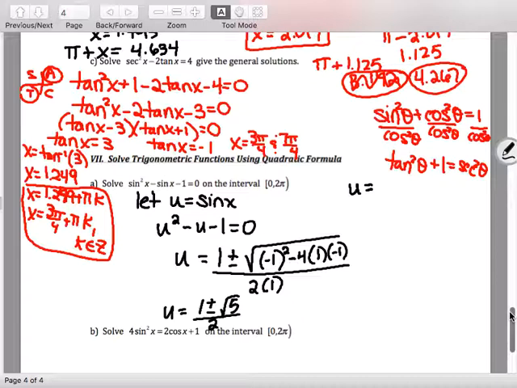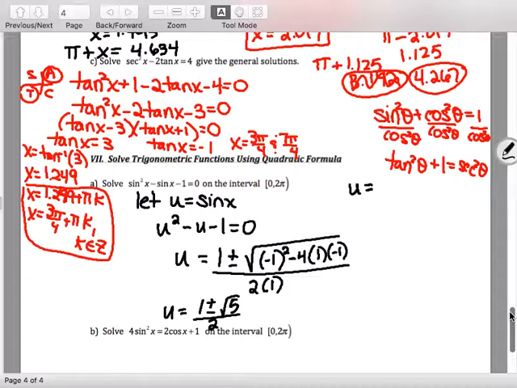Okay, so what we're doing again is we've got a quadratic trigonometric equation. It doesn't factor. So if it's quadratic, we can use the quadratic formula with the U substitution. So go ahead and use your calculators for me.